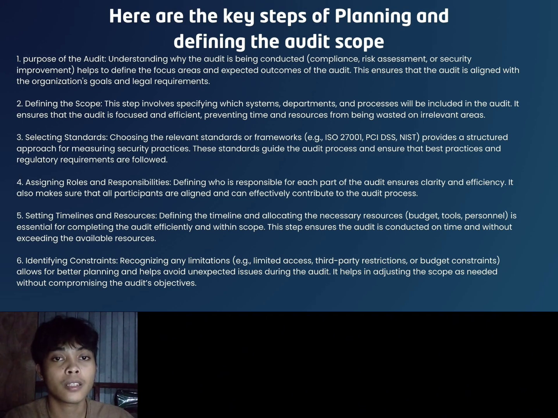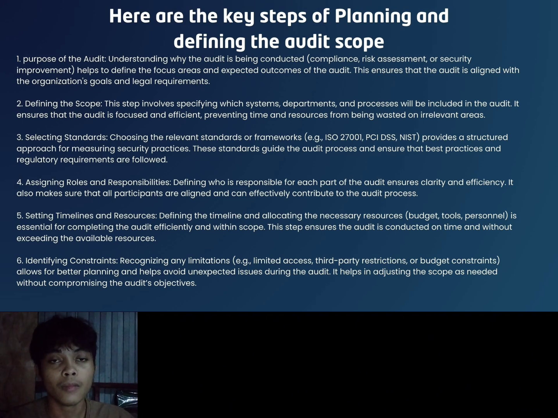Selecting the standards for the audit determines the frameworks or guidelines that will be used to measure the organization's security policies, controls, and practices. These standards provide a way to assess the effectiveness of security measures and ensure that they meet industry best practices.